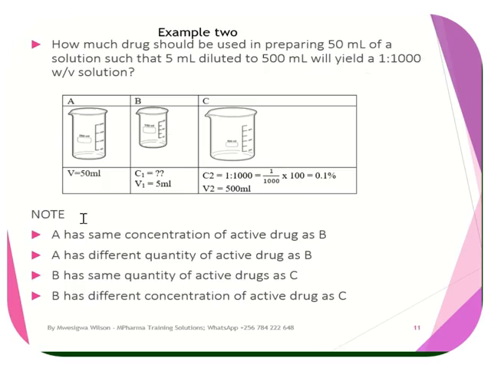So as we said before, A has the same concentration as B, but A has a different quantity from B. B has the same quantity as C, but B has a different concentration from C. So if you do these ones, then the question is very easy.